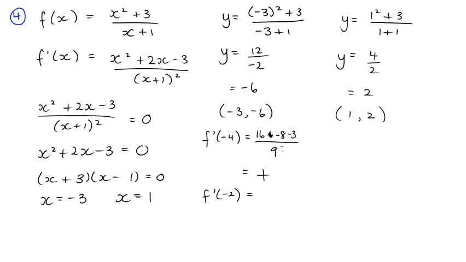And this number on the bottom is always squared, so that's always going to be positive. So that tells us it's a negative because we had a -3 on top. And then for this one, we can test 0. So 0 plus 0 minus 3 over a positive number is a negative number. And 2. So 4 plus 4 minus 3, that's going to be positive.